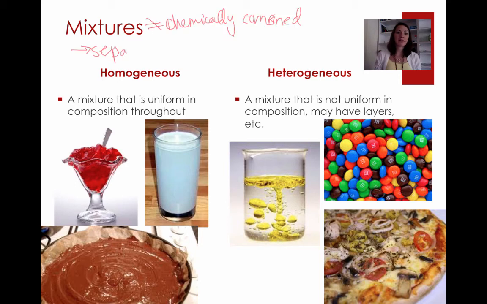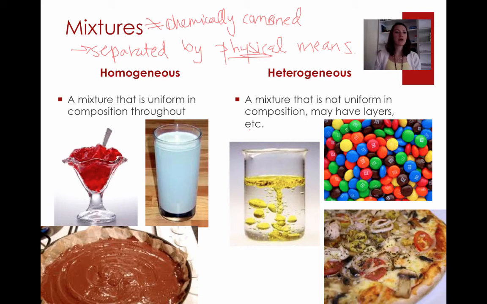They can be separated by physical means through filtering, through decanting, through magnetism, through evaporation. If you can separate it physically, that's when you have a mixture. The 2 things are not chemically bonded together.